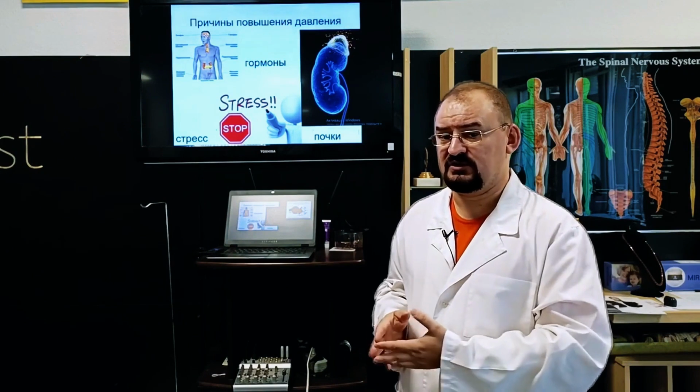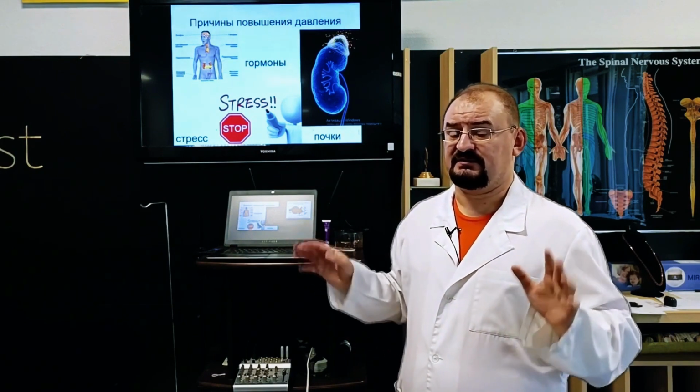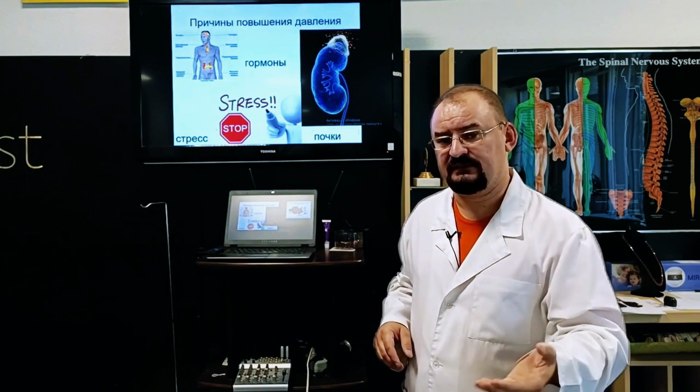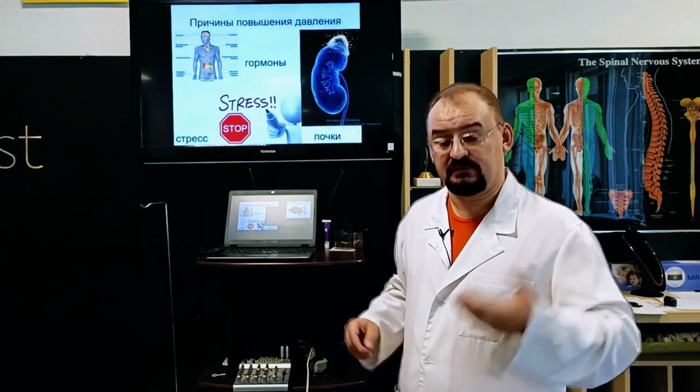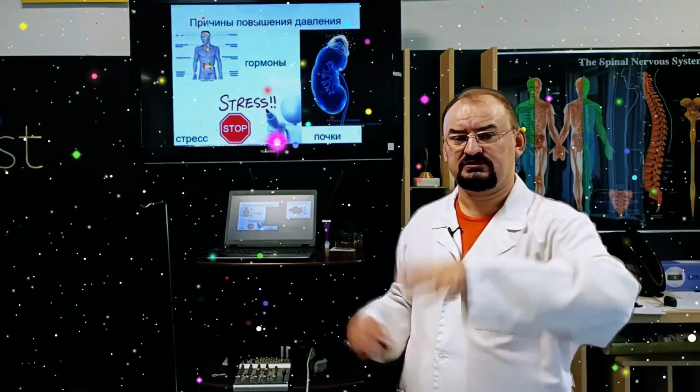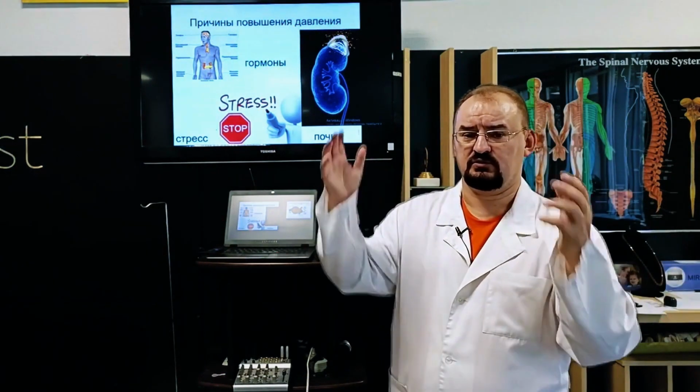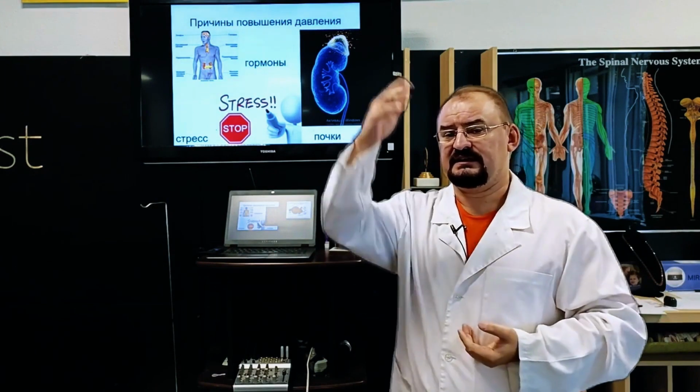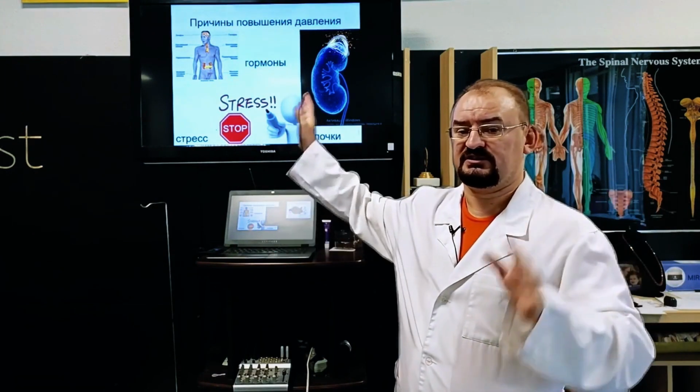But these are hormonal causes, and it's quite clear what's behind them. Or, for example, an adrenal gland tumor, pheochromocytoma. It produces adrenal hormones, catecholamines, adrenaline, noradrenaline, so they also constrict blood vessels, which will also cause blood pressure to rise. But these are clearly hormonal disorders.